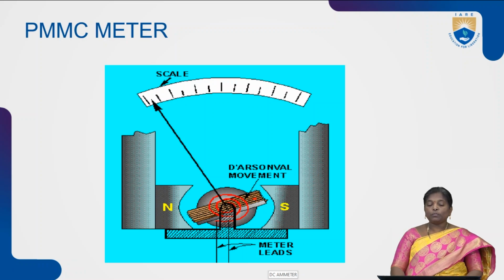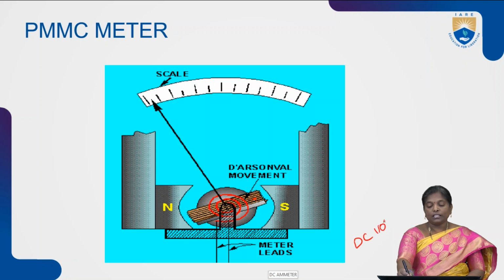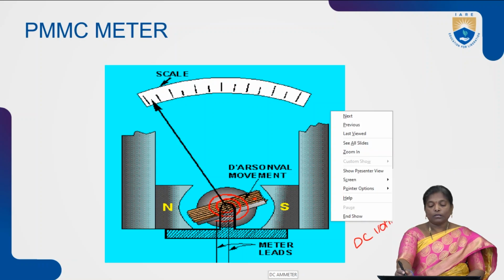With the help of this PMMC meter, we can measure voltages and currents. Here, by using this PMMC meter, we can measure DC voltage and DC current.